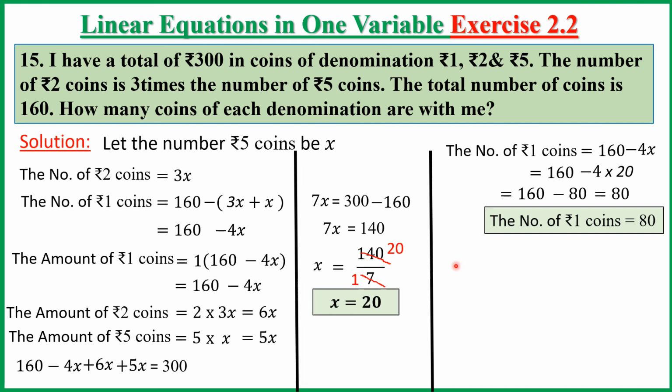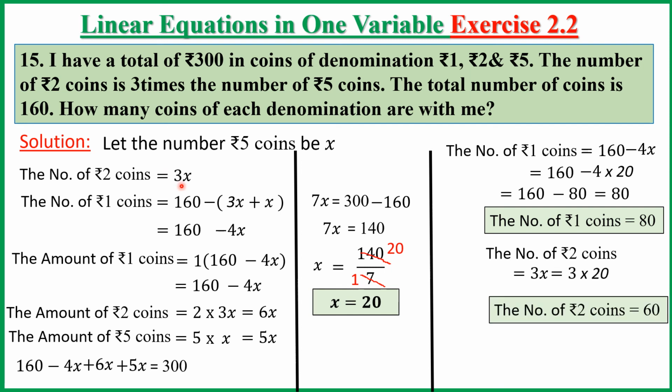So the number of 1 rupee coins equals 80. Next comes the number of 2 rupee coins. The number of 2 rupee coins is 3x. So 3x is equal to 3 into 20. So the number of 2 rupee coins equals 60. Next comes our 5 rupee coins. So the number of 5 rupee coins is x, which is equal to 20.